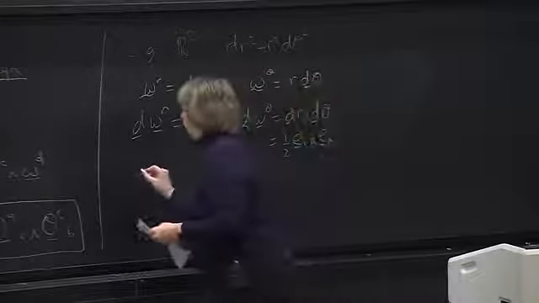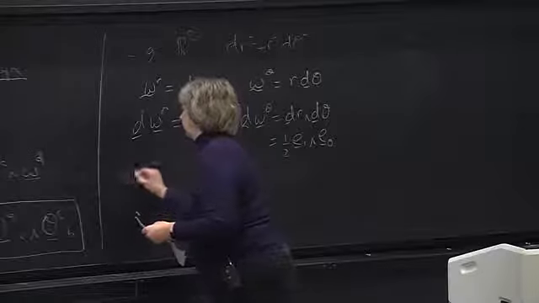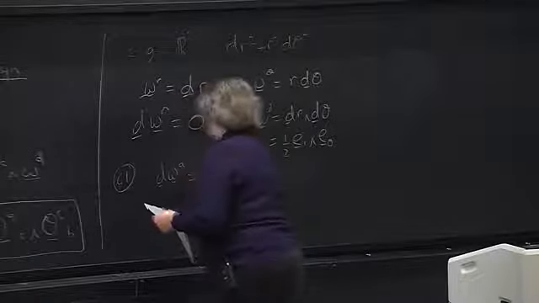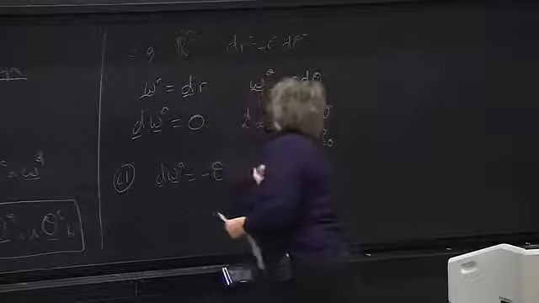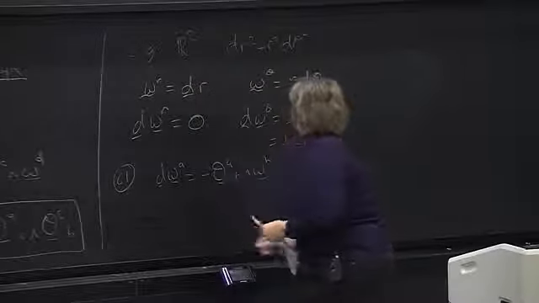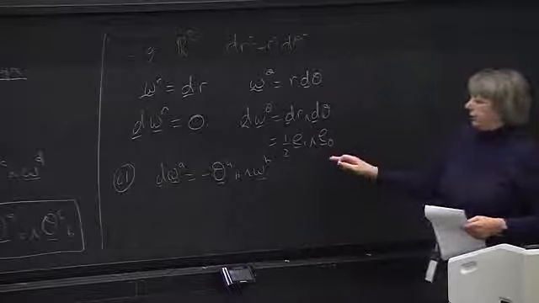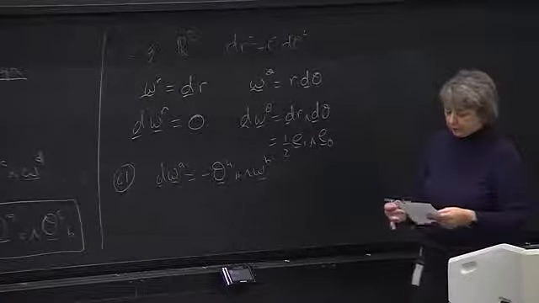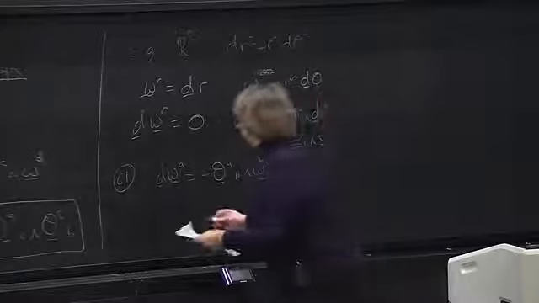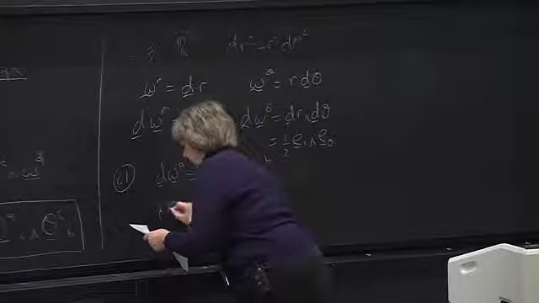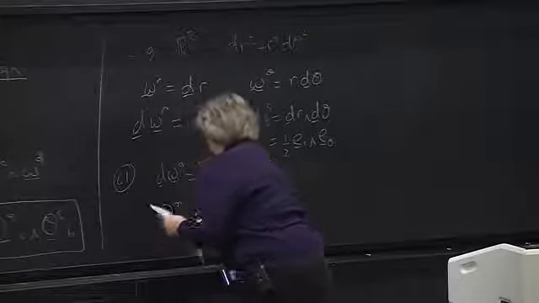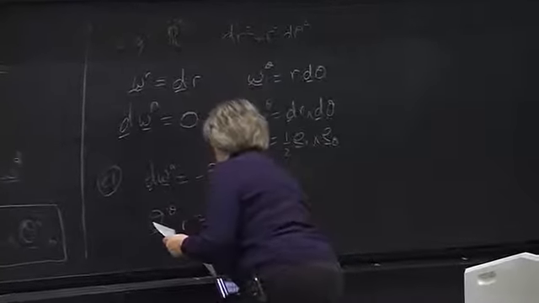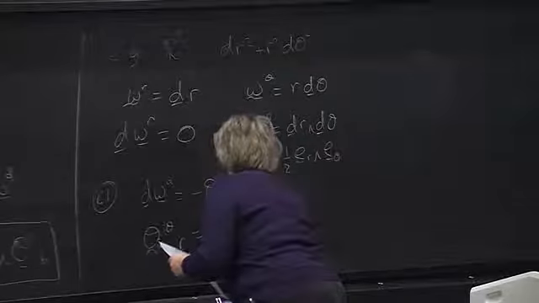So from Cartan's first structural equation, I can read off, and there's only going to be one non-trivial component here because it's a 2-dimensional space, that omega theta r is 1 over r omega theta.